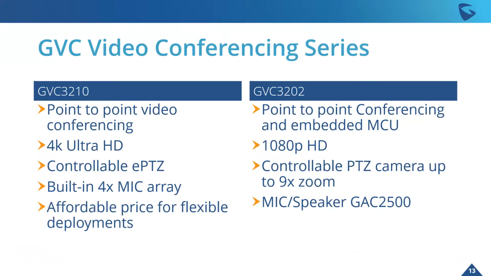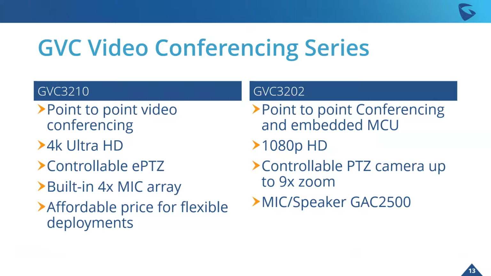So just to give a quick comparison, I'm going to compare the GVC3210 to the 3202, just because the GVC3210 is kind of the next step down the line comparatively to the 3202. The 3210 is a point-to-point video conferencing endpoint, where the GVC3202 can support that point-to-point conferencing, but it also has an embedded MCU.